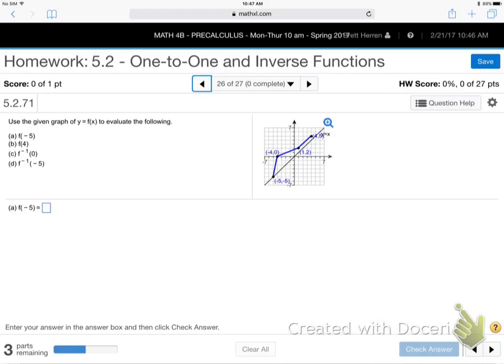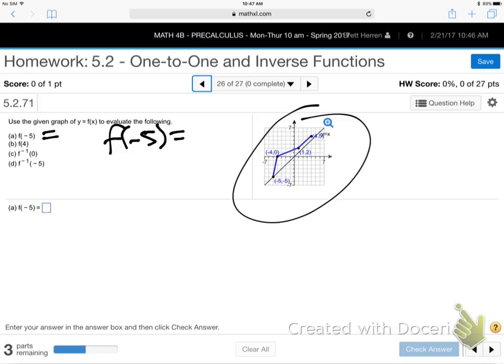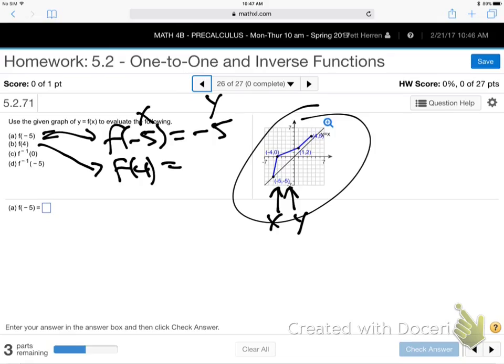Okay, so looking at the graph, what is f of negative 5? Just from the graph. Because remember, this is an x and it's asking you for the y. Well, here they are right there. There's the x and y that go together on the graph. All right, so that's part A. Part B says what's f of 4?